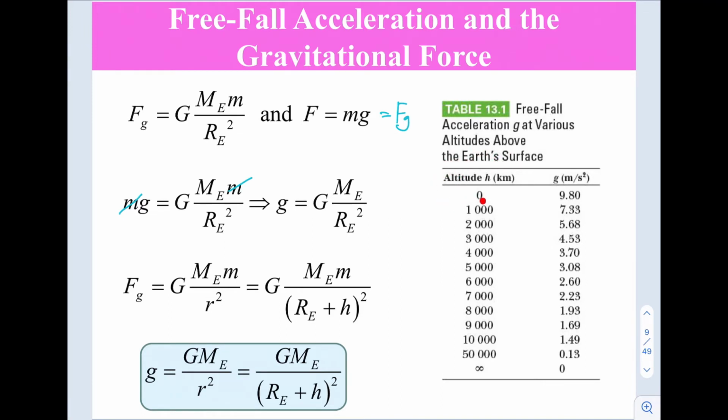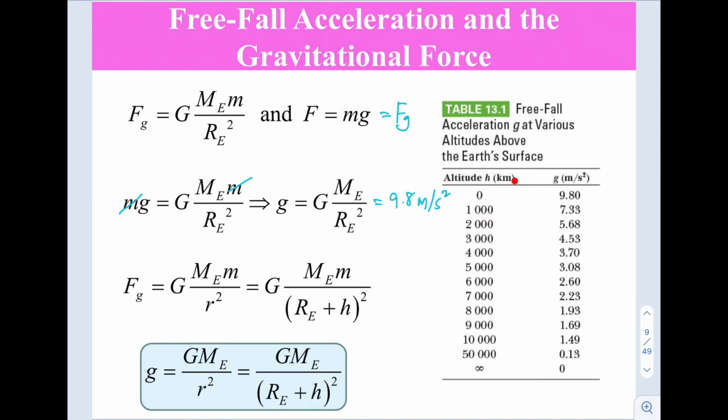Where the altitude is 0 means that the height above the earth's surface, from the sea level, is zero. If there is no height, exactly on the surface of the earth, then g is 9.8, which is the product of this calculation.